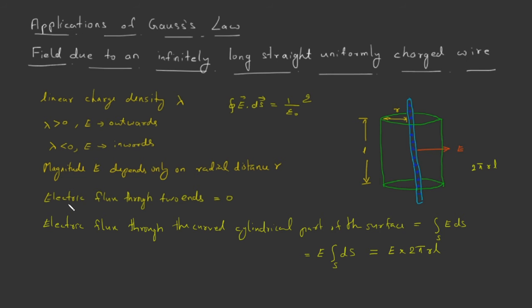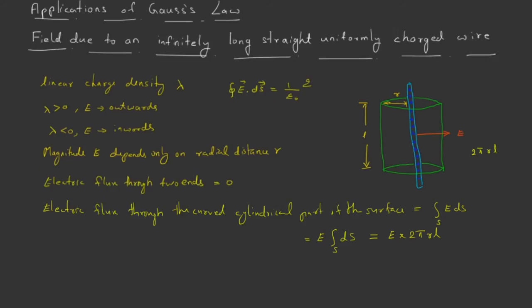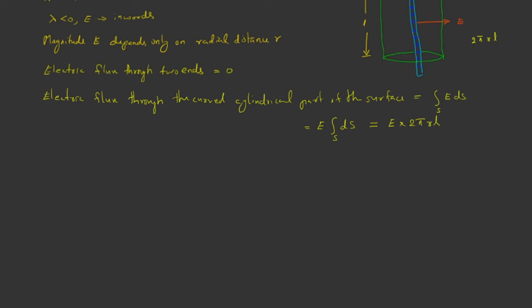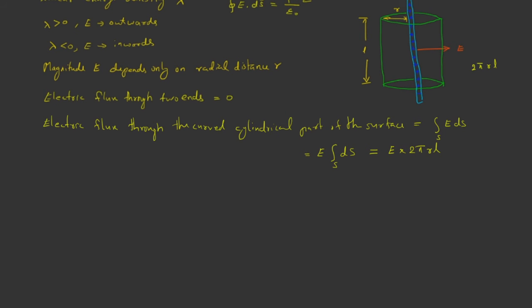So we got electric flux through two ends of the cylinder is 0, and electric flux through the curved cylindrical part of the surface is equal to E into 2 pi RL.